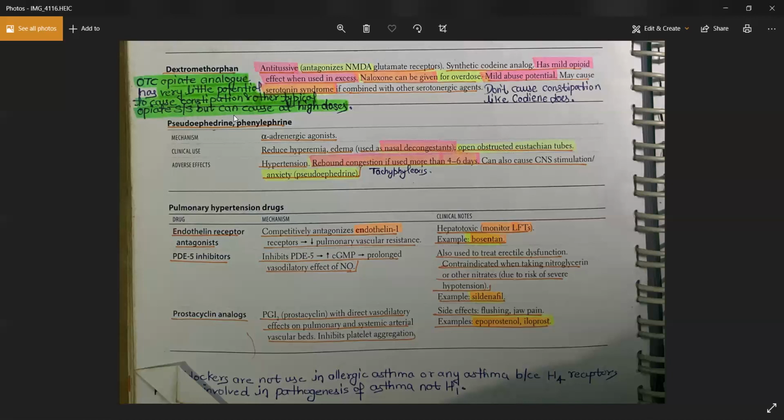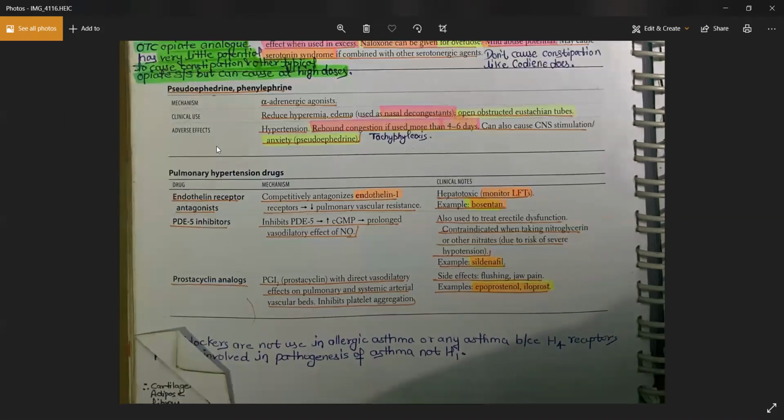It is made from ephedrine, a kind of variant of ephedrine. So now tell me, what does ephedrine do? In general pharma, we have discussed ephedrine. It is an indirect sympathomimetic, causing an increase in the release of norepinephrine and epinephrine. And a variant of that drug, which is pseudoephedrine, is used as a nasal decongestant. Whereas phenylephrine acts directly on the alpha receptors and causes their activation, right?